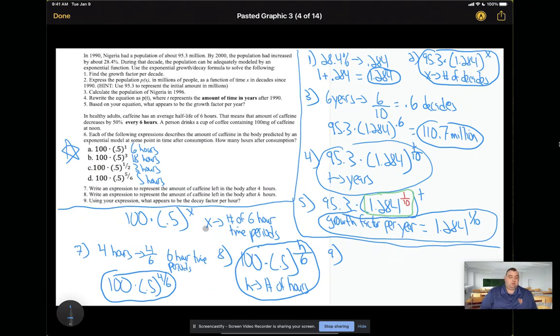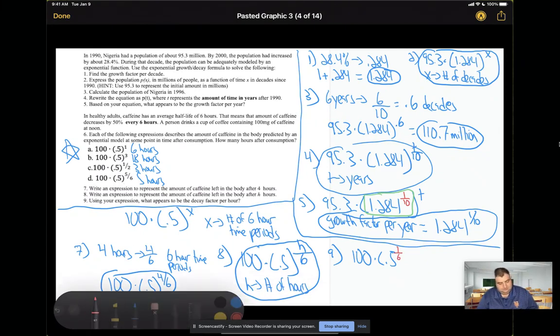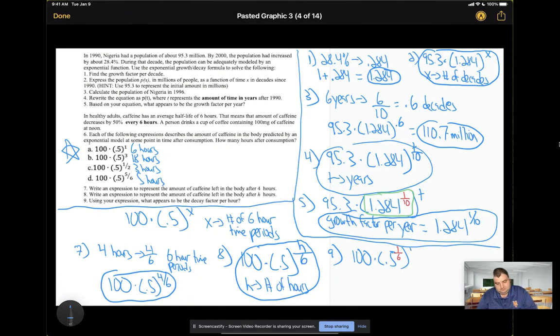Using your expression, what appears to be the decay factor per hour? So to do that, I'm going to play the same game that I played up here. I'm going to take my expression, 100 times 0.5 to the power of h over 6, and I'm going to rewrite it like this. So remember, up here, I took t over 10 and I broke it down into 1/10 times t.